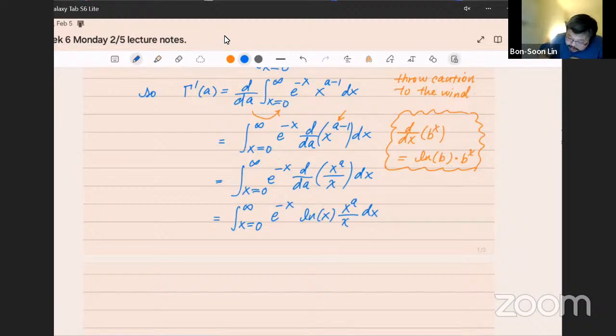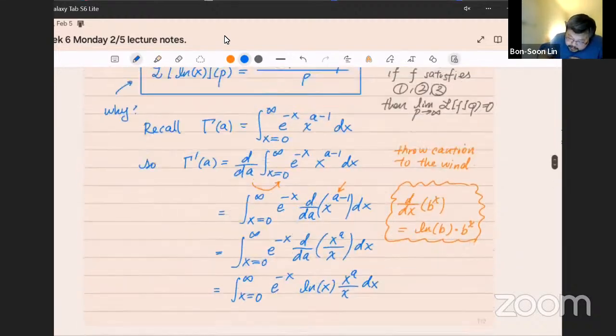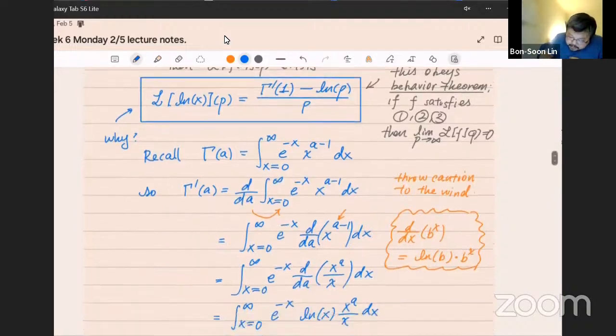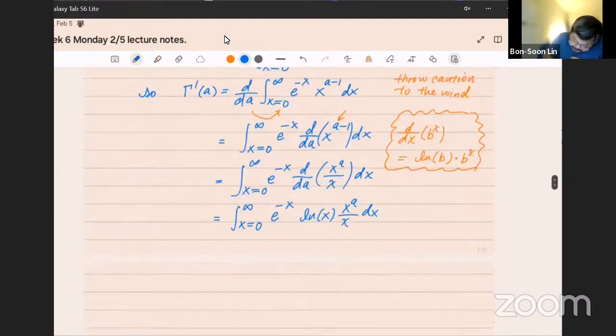And what do we want? Well, here we are suggested that we should plug in the number 1, right? So let's plug in the number 1. So gamma prime of 1 is equal to, let's see, the integral with x going from 0 to infinity of e to the minus x.